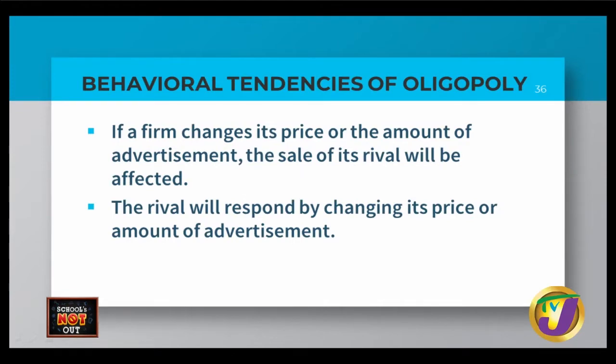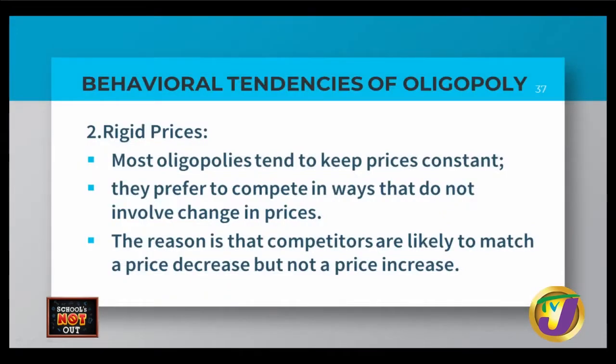So here I say if a firm changes its price or the amount of advertisement, and advertisement is classified as non-price competition, the sales of its rival will be affected. And the rival now will respond by changing its price or amount of advertisement, of course, to the benefit of the consumers. You have what is called now rigid prices. So most oligopolies tend to keep prices constant.